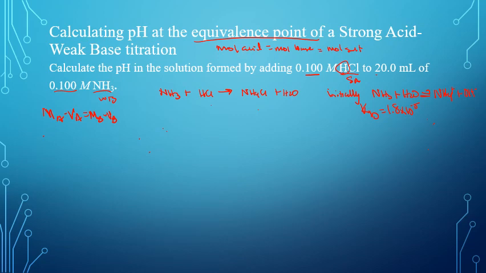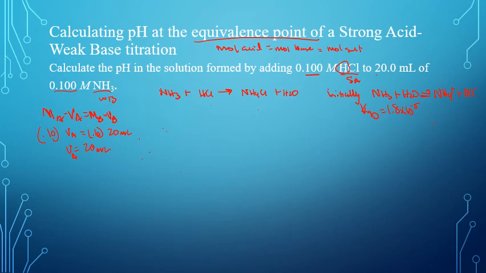So again, if you can just envision 0.1 times x equals 0.1 times 20, I get that same answer. But if it weren't equal molar amounts, you would need to use this formula to determine what that value is. So just so you can see that illustrated, 0.1 times the VA equals 0.1 times 20 milliliters. Again, my VA, because this and this are identical, would also be 20 milliliters.